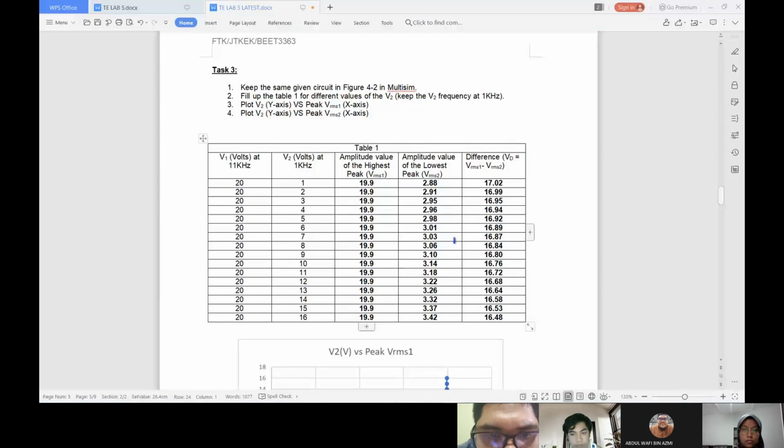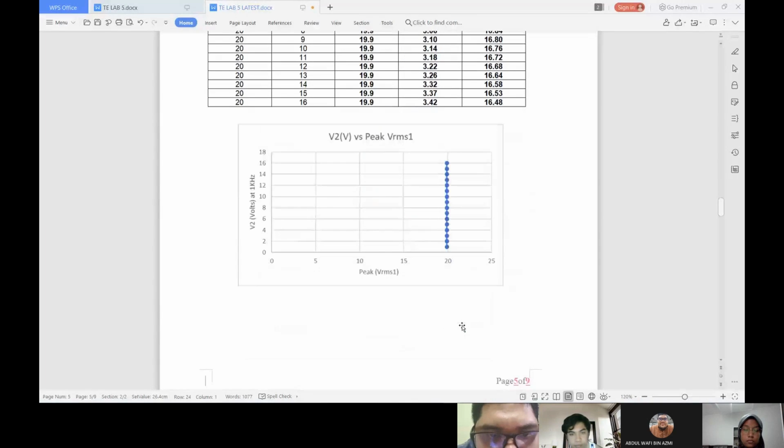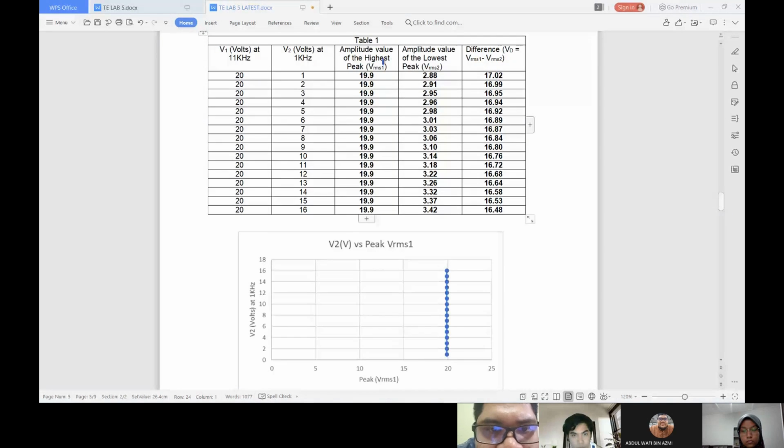Alright, and then go down. For circuit 1, we must plot VRMS1 versus V2 on the y axis, and we get a constant because the result we get is 9.9, like this.